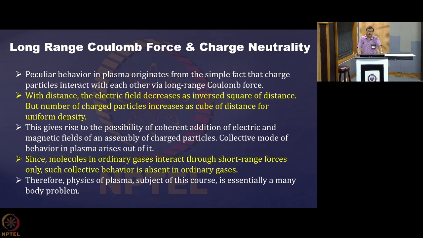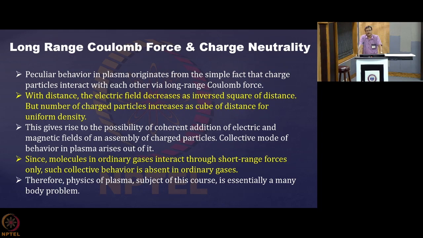Now, the plasma gets its potential to react in a very different way compared to ordinary gas. So, this is basically the long range Coulomb force that contributes towards this. The peculiar behavior in plasma originates from the simple fact that charged particles interact with each other via long range Coulomb force.